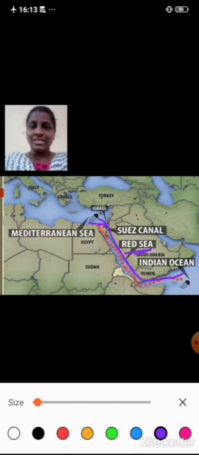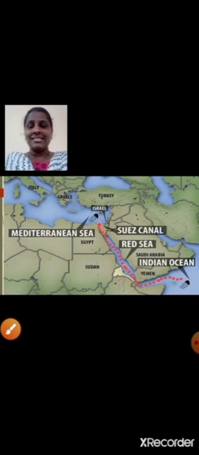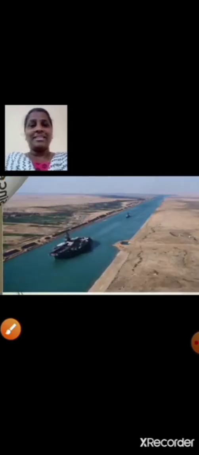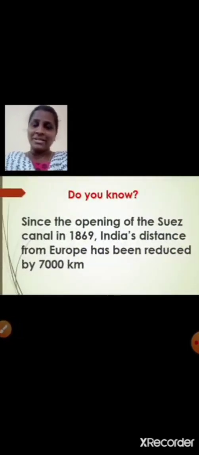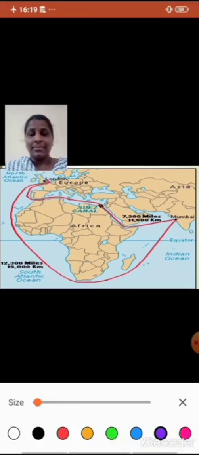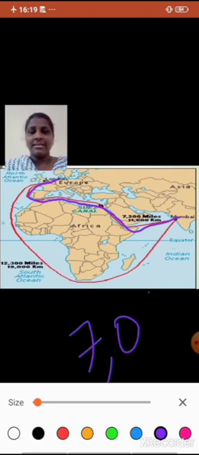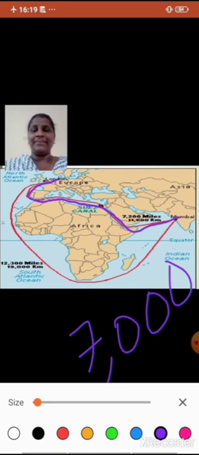Is that clear, students? So because of Suez Canal, what happened? The distance between India and Europe has been reduced by 7,000 kilometers. Students, here on this map you can see, due to Suez Canal, what happened? India's distance from Europe has been reduced by 7,000 kilometers.